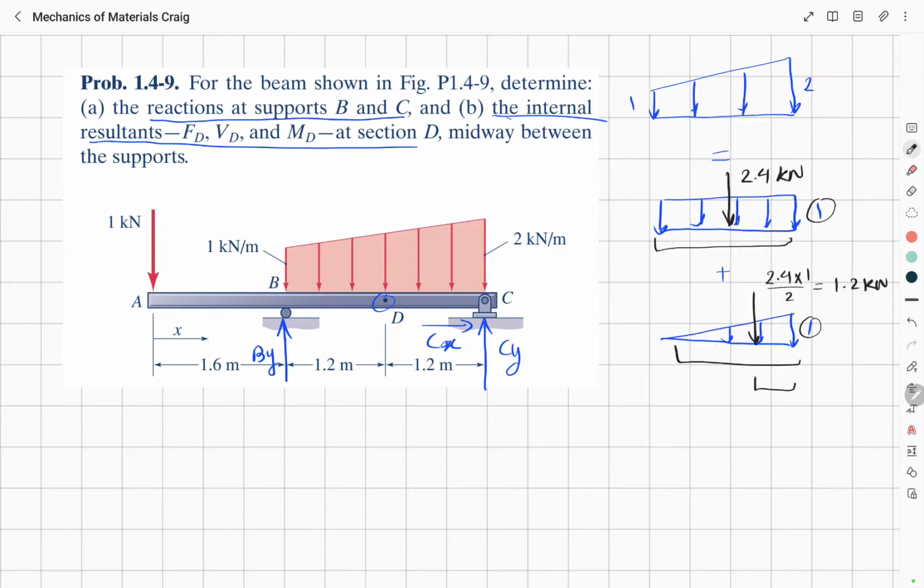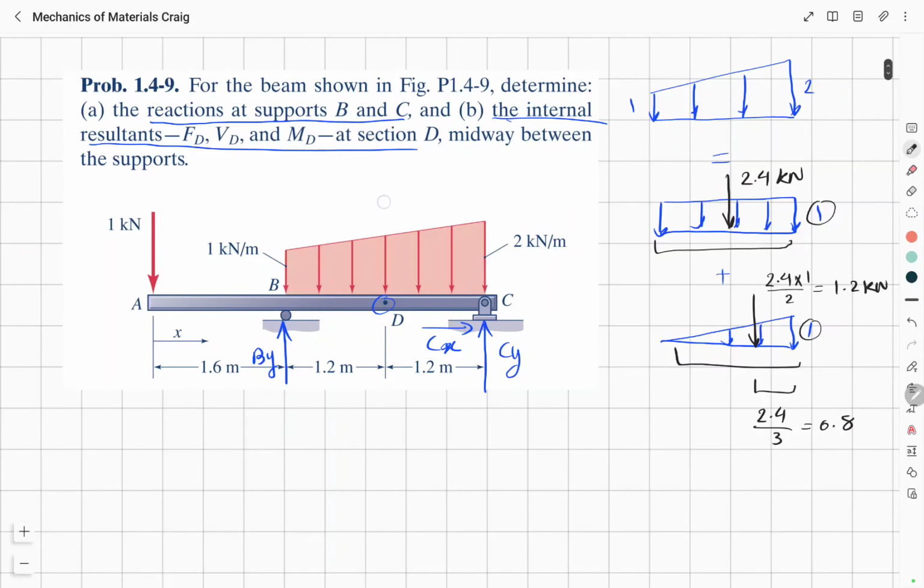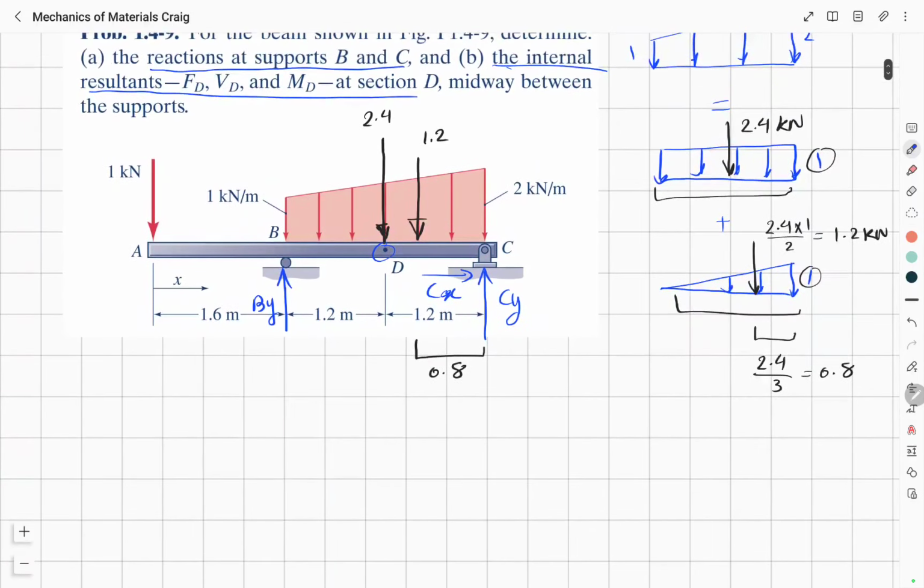And this distance would be 2.4 divided by 3, which is 0.8. So here we have 2.4, and here we have 1.2. This distance is 0.8.